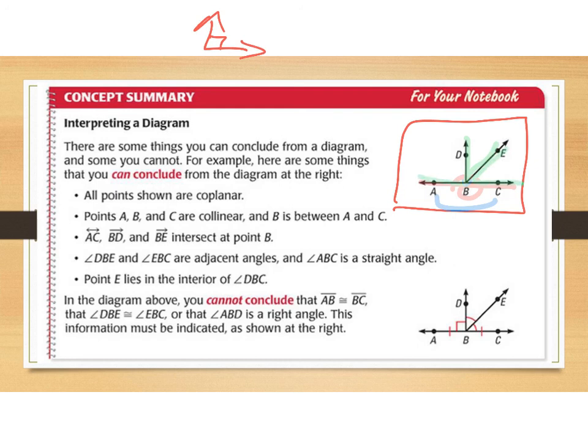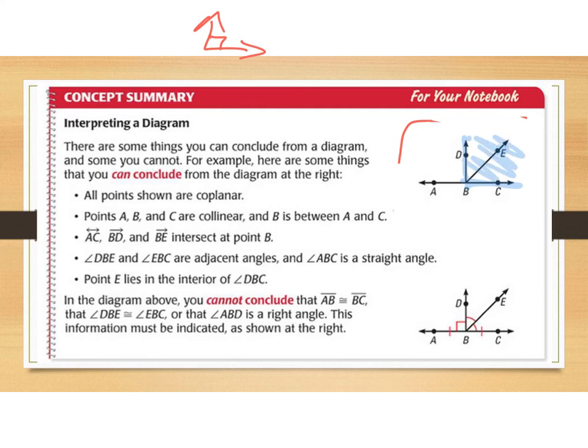It's also next to ABD. We can also see that ABC is a straight angle. And we can also see that point E is inside or in the interior of DBC. So here's DBC. Point E is located inside this angle.